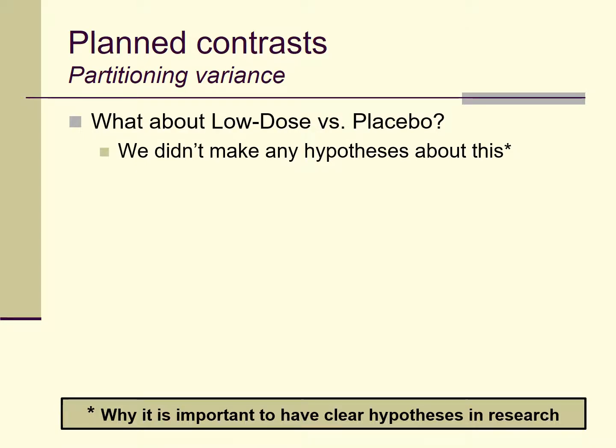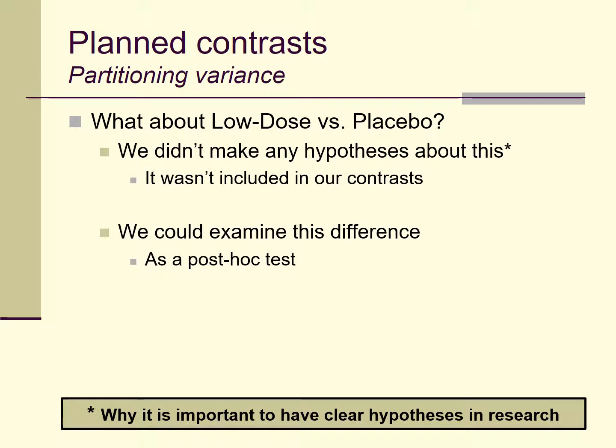Assuming we change our mind at some point, we could of course test this, but we'd have to test it as a post hoc test. We'd have to treat this as maybe an after the fact test, maybe do a t-test to compare the two, and by doing so we're of course adding another test to our growing family of tests, which at an extreme could be a problem for us.